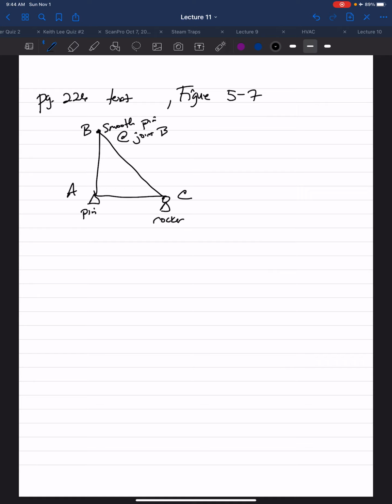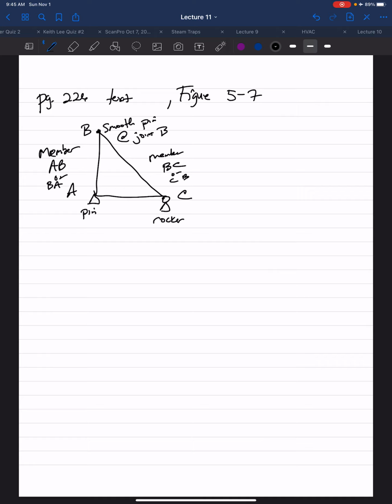So joint B is constructed from members AB and BC. You can write it either way, member AB or member BA, member BC or member CB. You can rearrange the letters, whatever is most clear.